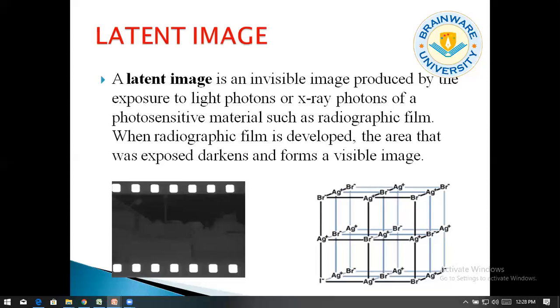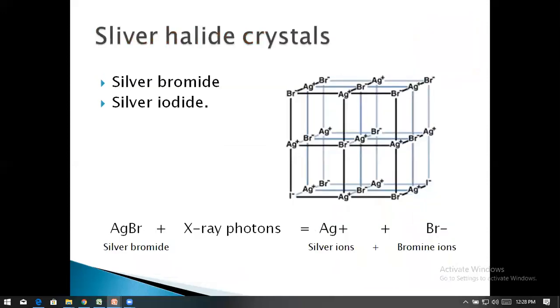When this situation occurs, it produces a latent image in the film emulsion. So here you can see silver bromide, with the interaction of X-ray photons, produces silver ions and bromide ions.